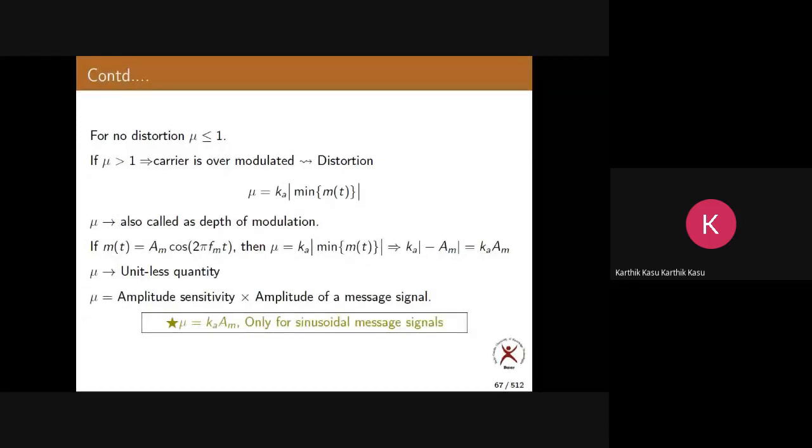You may transmit voice, speech, or video, so it depends upon what signal you are transmitting. But for simplicity, we'll derive formulas for sinusoidal message signals. So you must remember the generalized formula, and if you remember it, you can derive the other very easily. Is it okay, all of you?